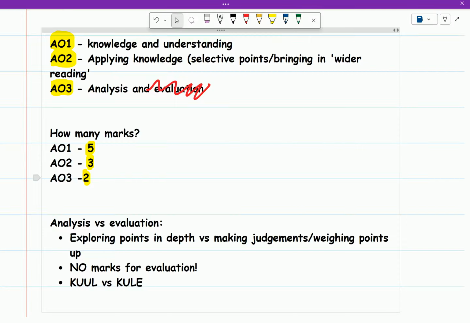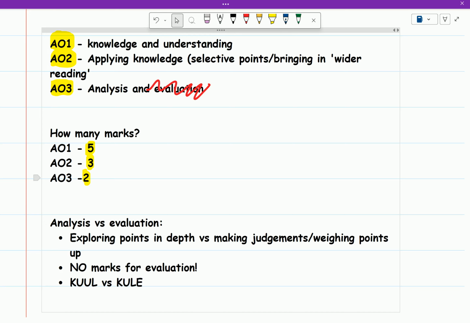Etc., etc. Not just leaving things not discussed fully. Versus making judgments or weighing points with evaluation. You're not trying to weigh up the points, the pros and cons with things for this question. You're trying to show your knowledge and your depth of understanding. No marks for evaluation. Again, I can't stress that enough.